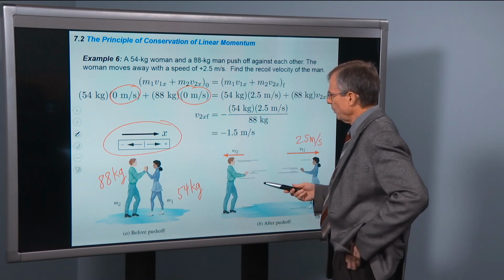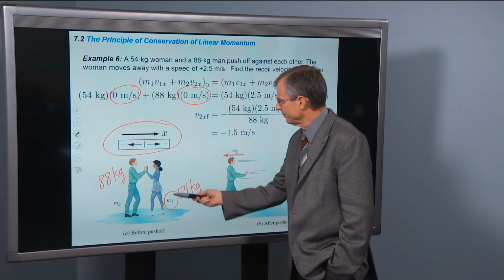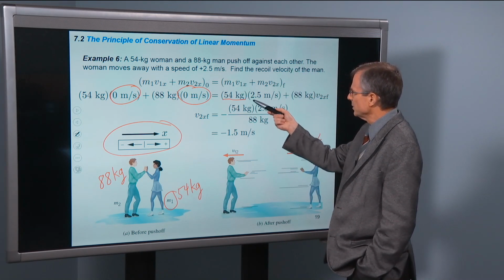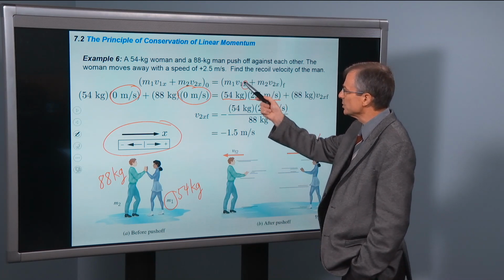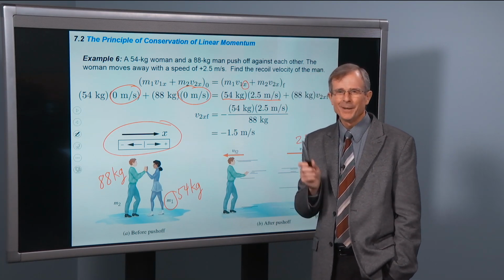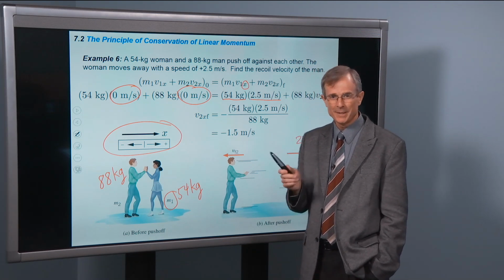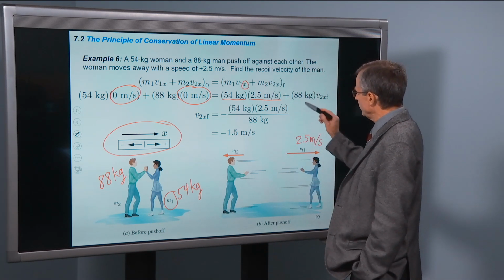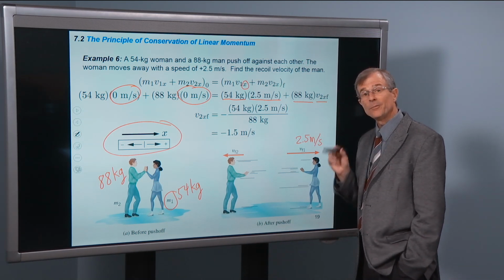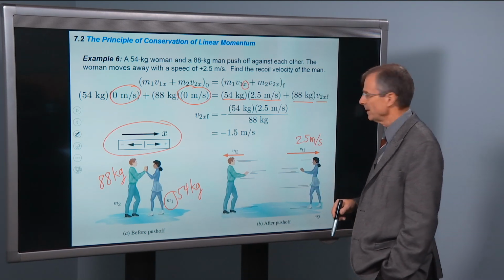Well, if the woman is considered to be mass 1, then her mass is 54 kilograms, times her velocity in the x direction. In these problems it's really important to keep track of what direction you're talking about, x, y, z, whatever. Plus the mass of the man times his final velocity in the x direction.